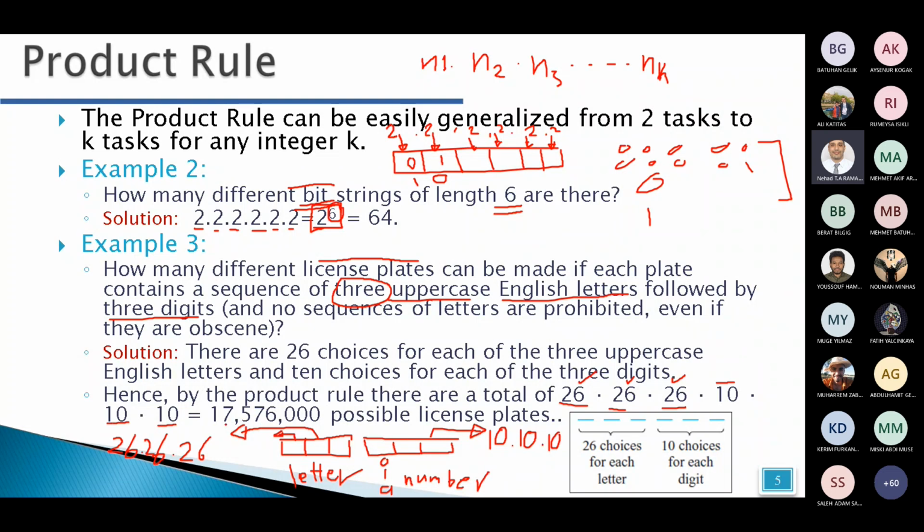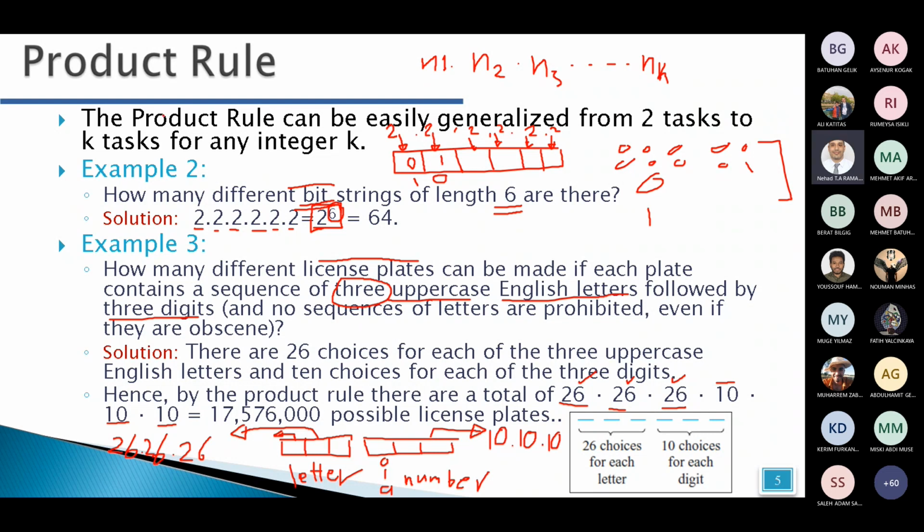So the number is 17 million 576,000 possible license plates.